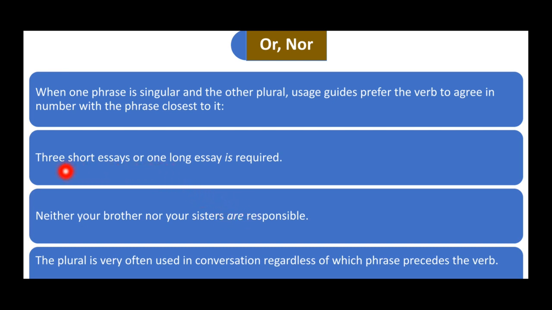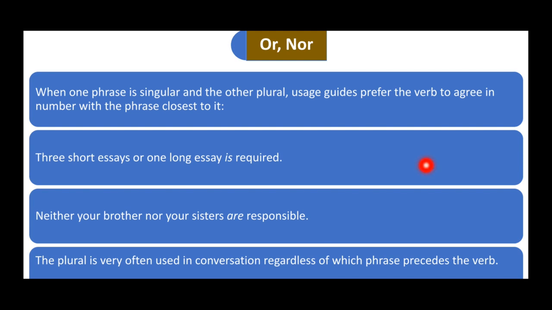Here we had the first noun phrase plural and the second one was singular. That's why is is used here, right? Here we have the first noun phrase singular while the second one is plural, and this plural is close to the verb. That's why are is used here. Neither your brother nor your sisters are responsible.